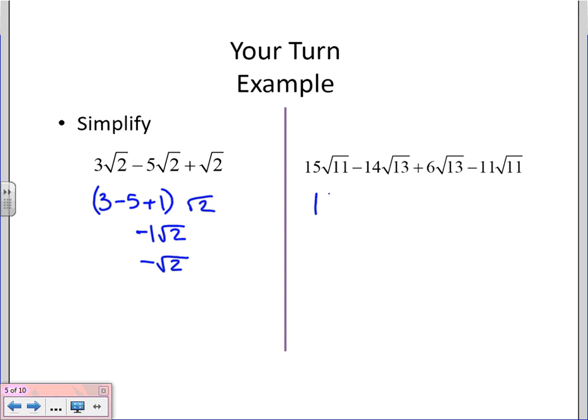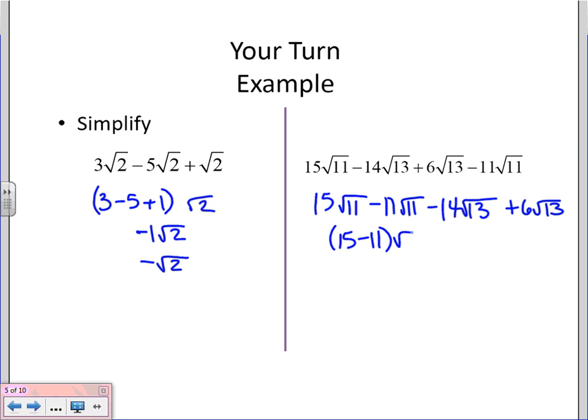Here we rewrite 15 square root 11 minus 11 square root of 11 minus 14 square root of 13 plus 6 square root of 13. 15 minus 11 square root of 11, negative 14 plus 6 square root 13. 4 square root 11 minus 8 square root 13. And that is it.